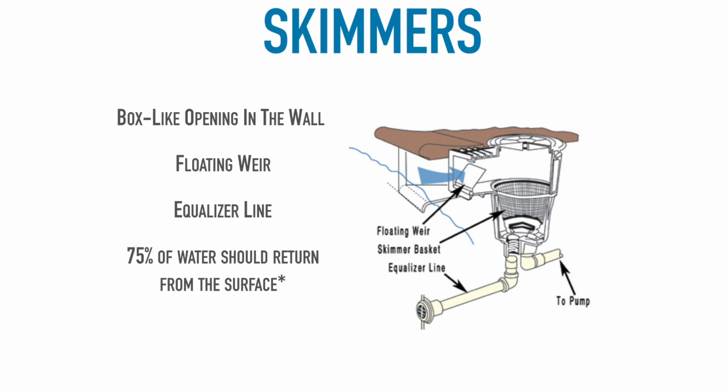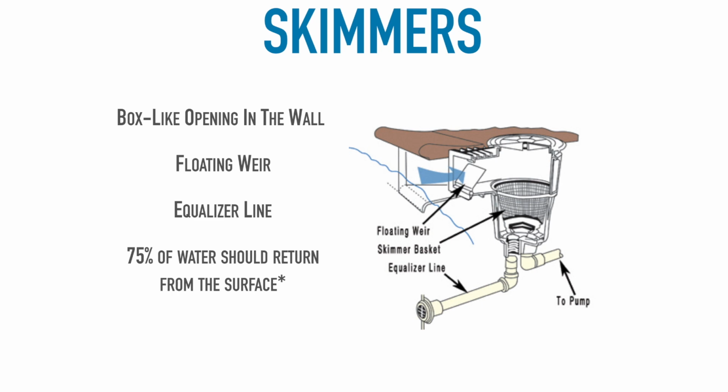The weir door then moves with the surface of the water. It pulls water in, and as that water comes over the top of the lip on that weir, it draws the water behind it with the principle of surface tension. So our weir door is the device that is literally drawing our water into our skimmers.